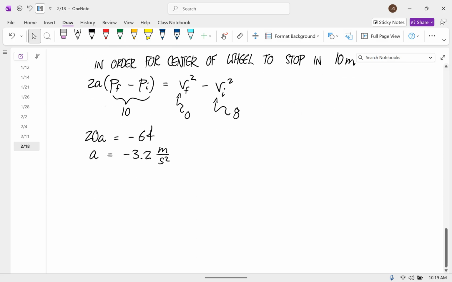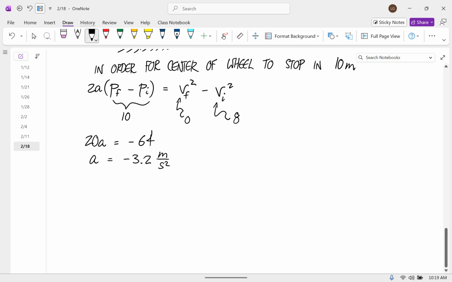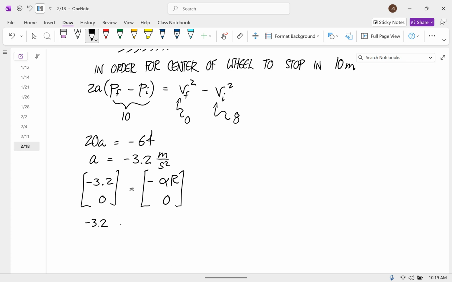And now that we know this, now we can say that the acceleration of negative 3.2 is equal to negative alpha r. And so negative 3.2 is equal to negative 0.7.